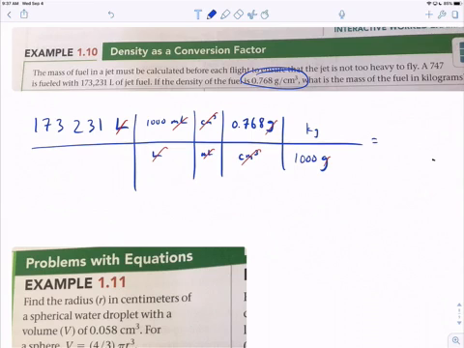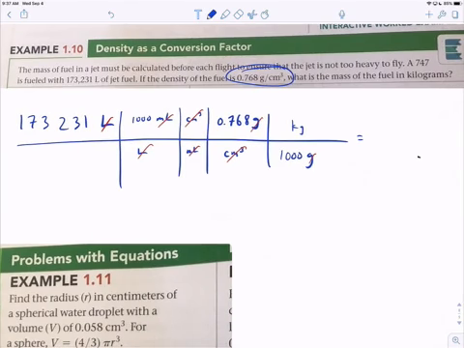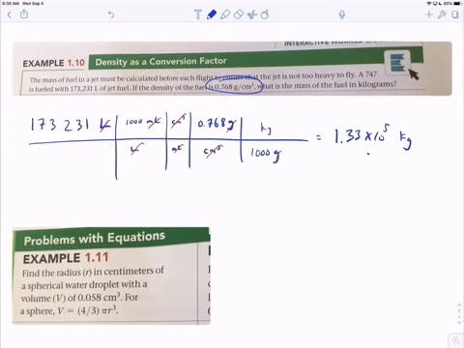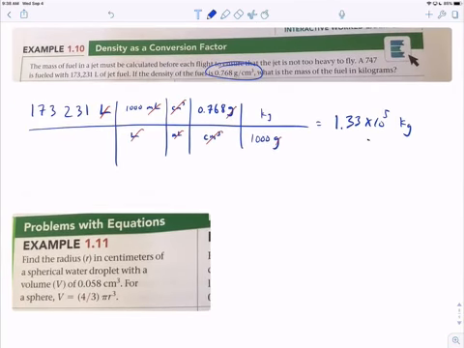If you do that, to 3 sig figs it is 1.33 times 10 to the 5th kilograms. That's 133,000 kilograms, 133 metric tons of fuel. Huh, that's a lot of fuel.